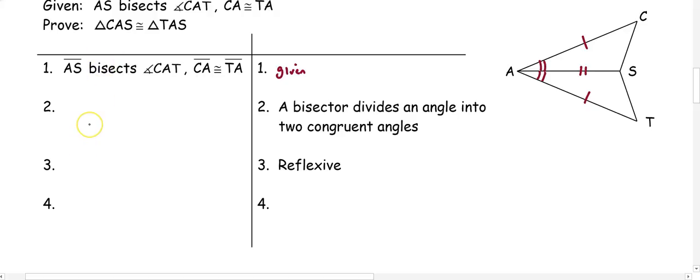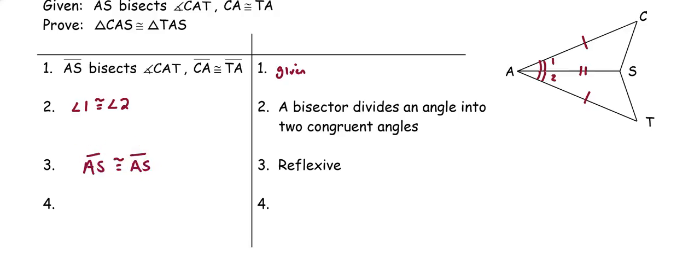In statement 2, when I look at my triangle, we know we had to do something with this bisect statement, so we mark those angles. Now, when I write my statement, I can do it 2 ways. I can name the angles, or I can put numbers by the angles and just say that angle 1 is congruent to angle 2. And we already have the reason. A bisector divides an angle into two congruent angles. We also remember marking that AS was congruent to AS.